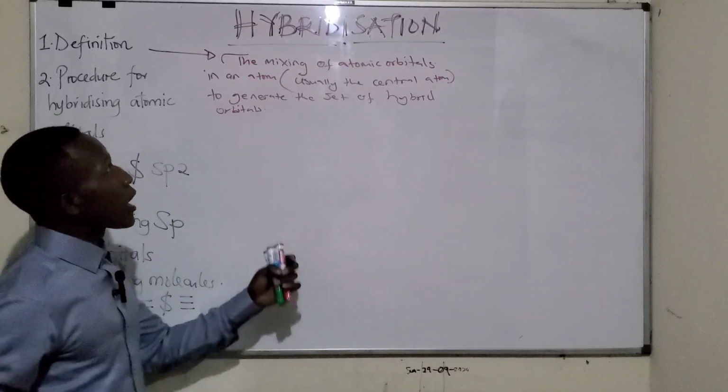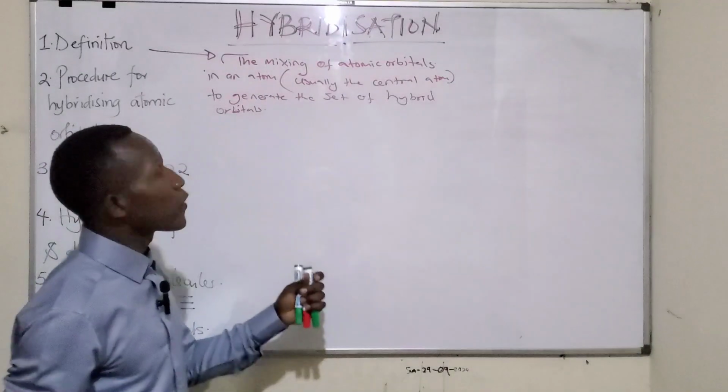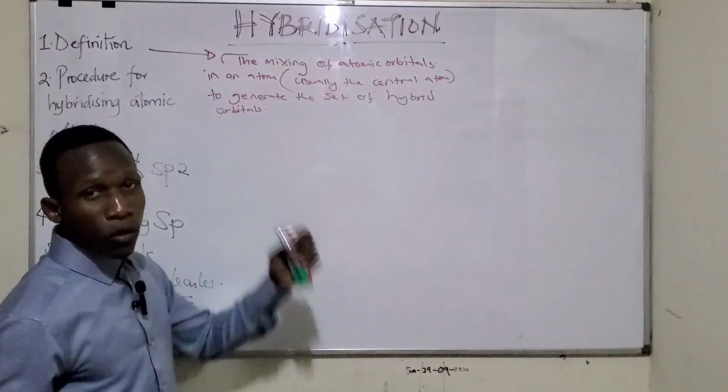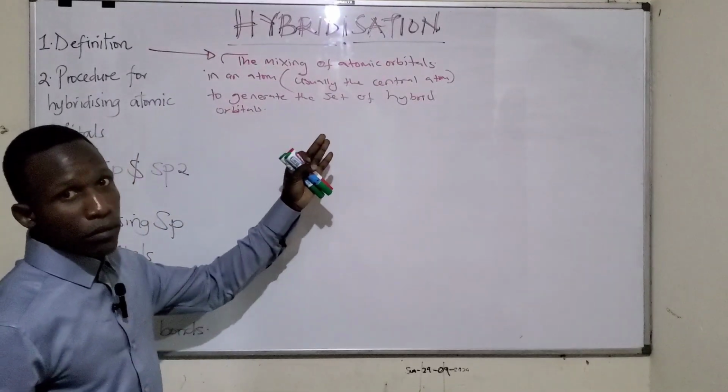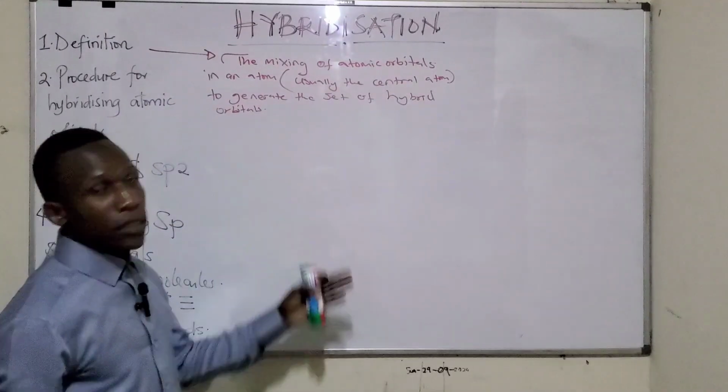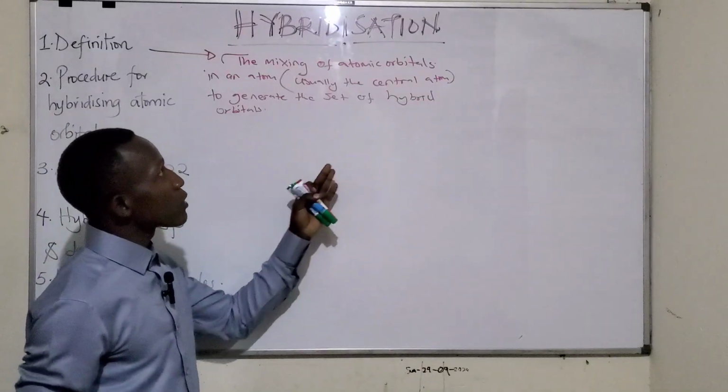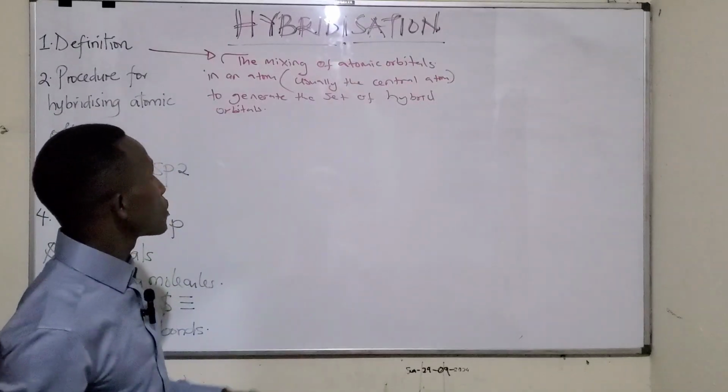So for the atoms to make compounds, we need hybridization most times, because if you just react the atoms, the geometry will be different.